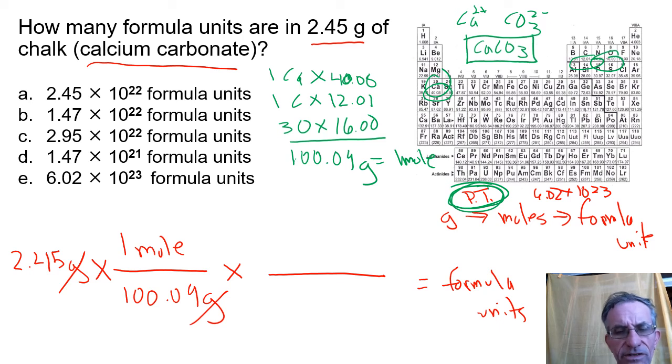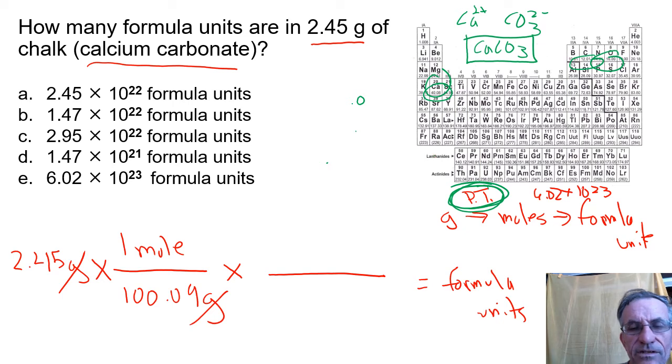Now let's be a little bit more exact. Avogadro's number says, maybe I should, I'm going to erase some of this. All right. Avogadro's number says that what did it say? It says 6.02 times 10 to the 23 is a mole.